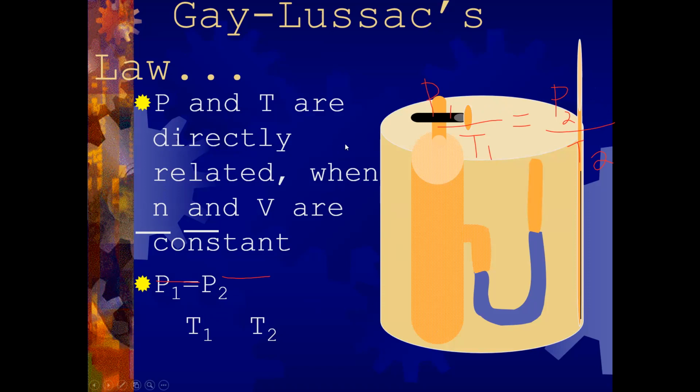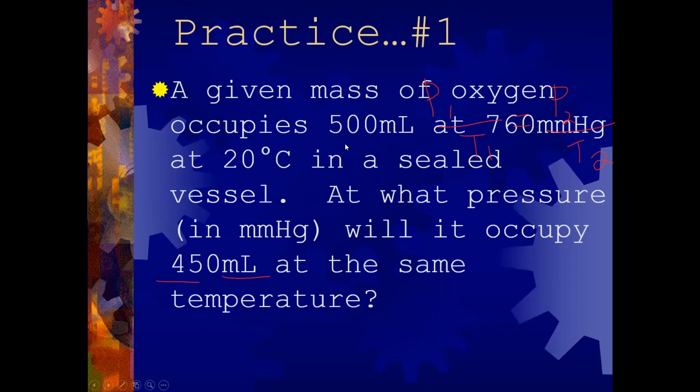All right, we have some problems. And the best way to do this is to identify which law based on what's not mentioned, because whatever is not mentioned is being held constant, right? So we're going to read and see what's going on here.